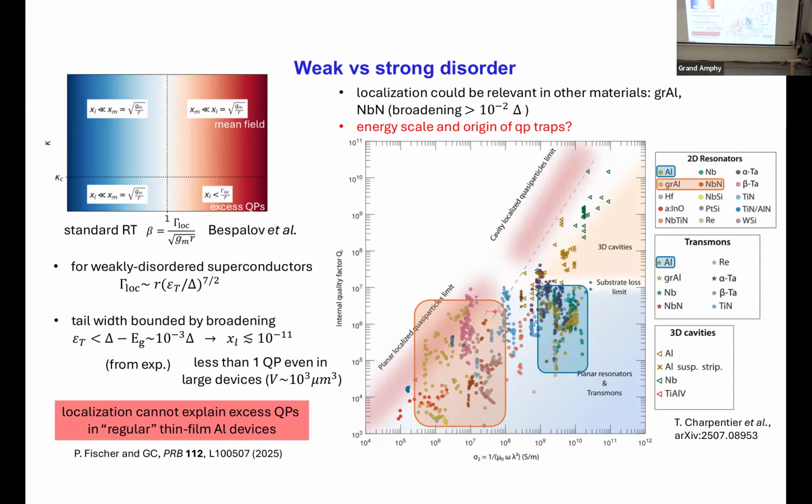And of course, screening a big 10 centimeter cavity is not the same thing as screening a QD. So there are related questions, but it's very different, because it might have to do with surface properties, while the QD is a different case.